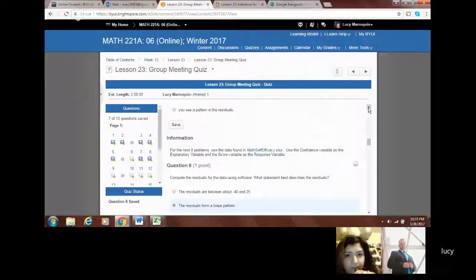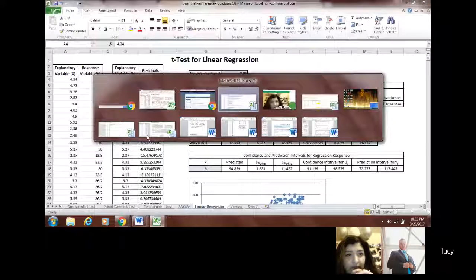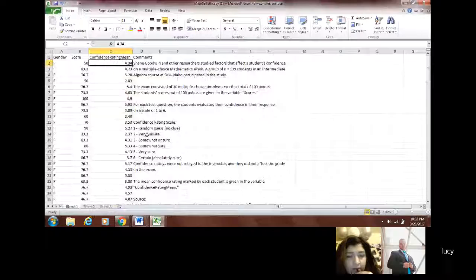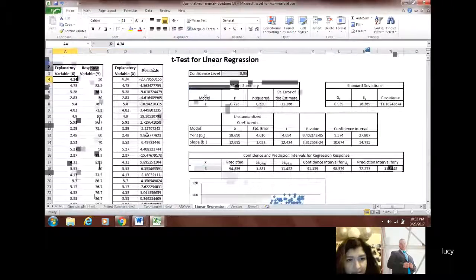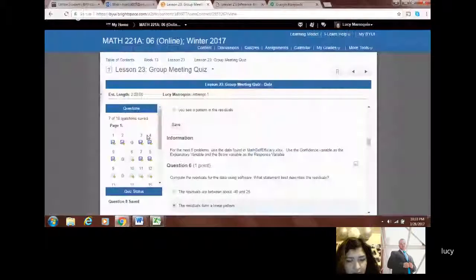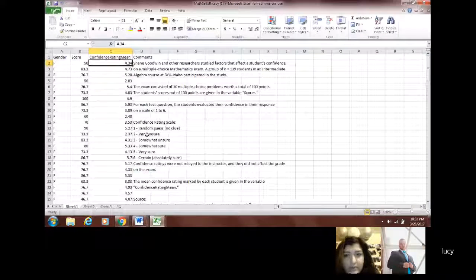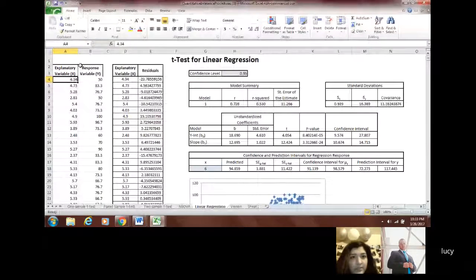It says use the confidence variable as the explanatory variable. Oh, is that what it said? The confidence rating mean? Yeah, you didn't see that. Use the confidence rating as the explanatory variable and the scores as the response variable. All right. Then that's probably what I did wrong, and that's why my chart didn't look like yours. Yeah, awesome. That explains it. It all makes sense now.